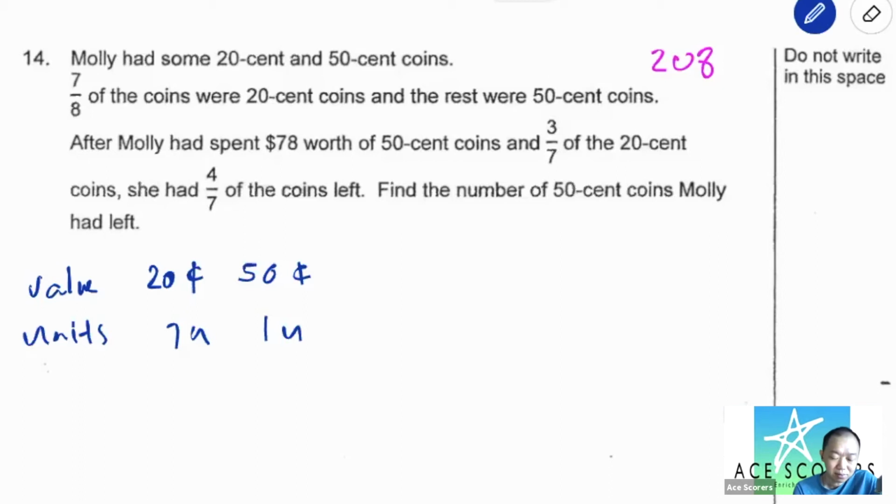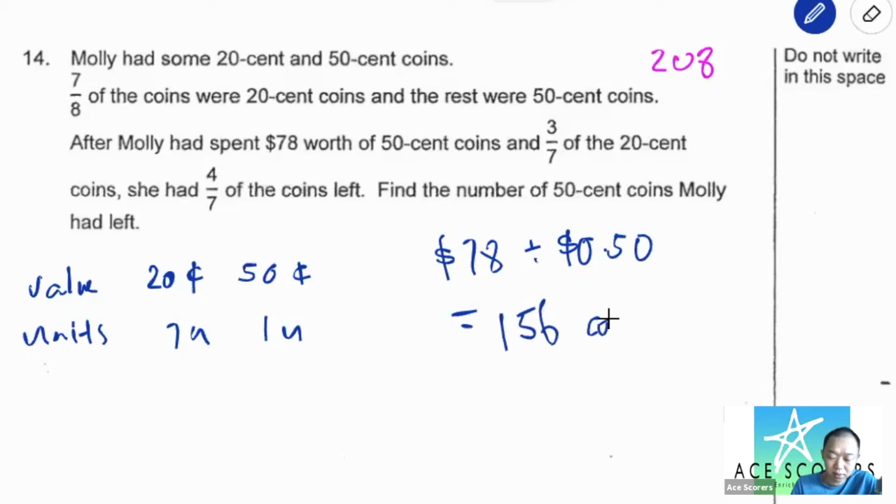So let's read this again. After Molly spent $78 worth of 50-cent coins, how many coins were spent? You take 78 divided by 50 cents, and you get 156 coins.